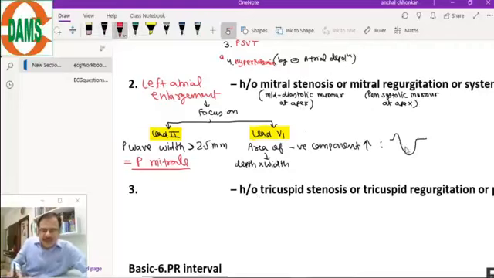This is the depth of P wave, and I will take the depth in millimeters. Then I will multiply it by width. This is the width. Depth multiplied by width, and I will take the width in seconds.